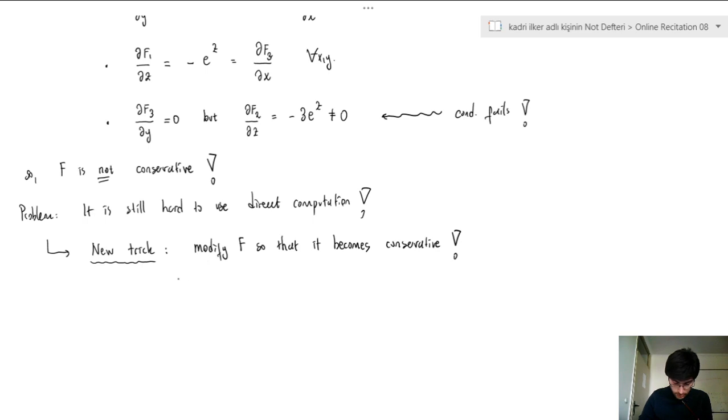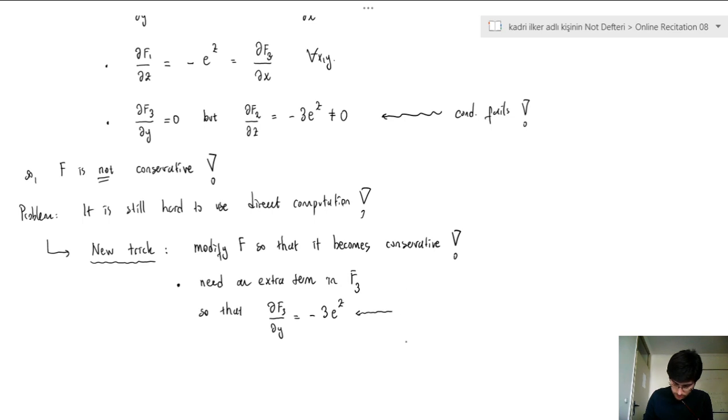So how to do this? The possible approach is to add an extra term, the missing term, in, for instance, f3. Remember, when we differentiate f3 with respect to y, it was 0. To satisfy the condition, what we expect is exactly minus 3 e to the z. So how to obtain such an expression?